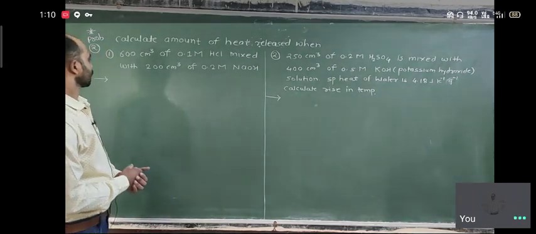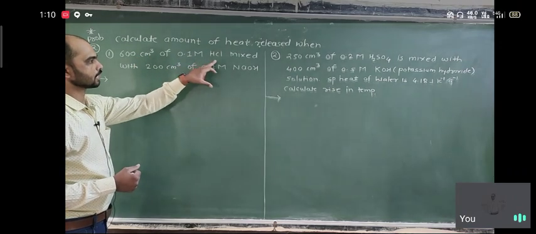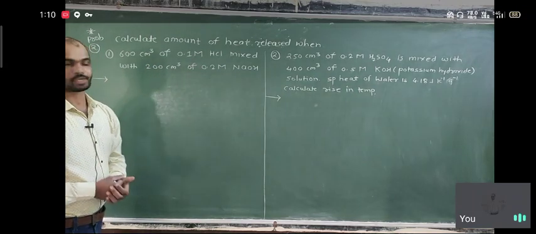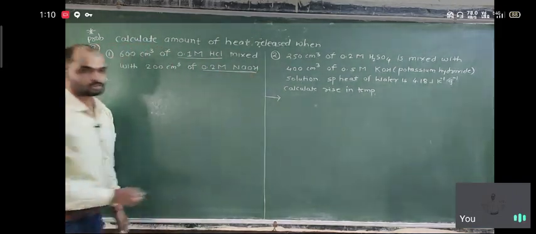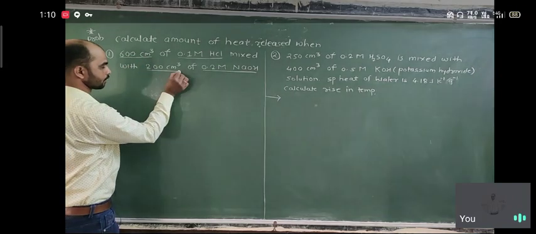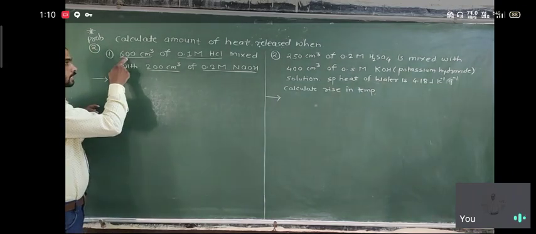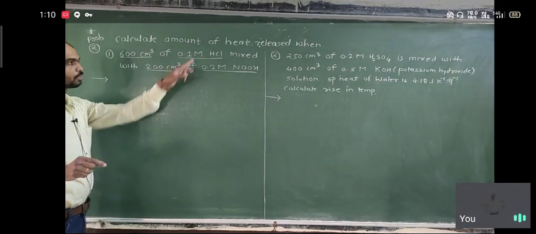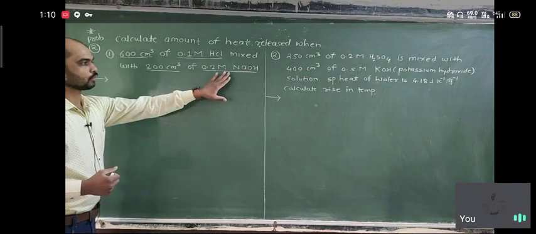First condition is 600 cubic centimeter of 0.1 molar HCl mixed with 200 cubic centimeter of 0.2 molar NaOH. 1 cubic centimeter is equal to 1 ml, so that means 600 ml of 0.1 molar HCl mixed with 200 ml of 0.2 molar NaOH.